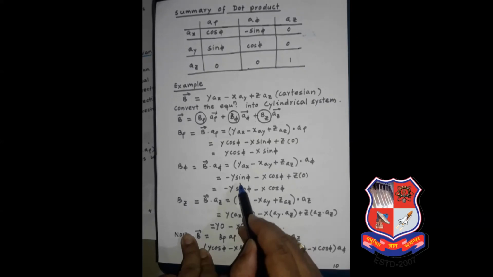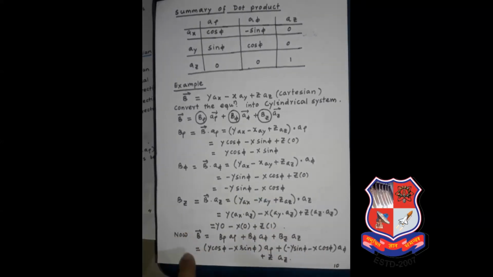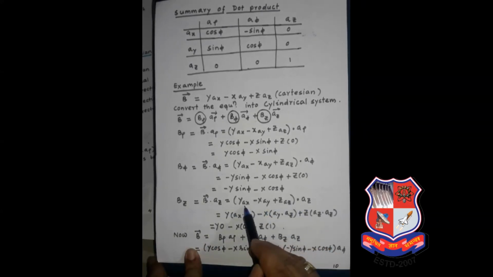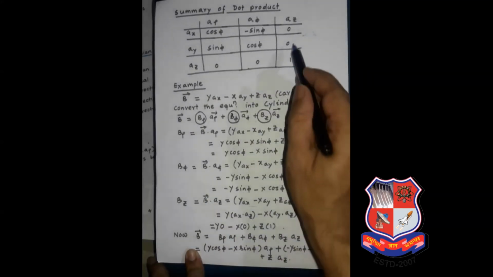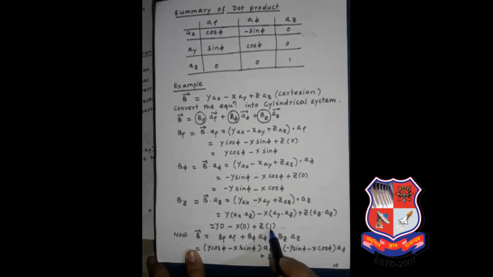So you get minus y sin phi minus x cos phi. Now to find bz, in the same way, b dot az. Expanding, ax dot az is 0, ay dot az is 0, only az dot az is 1. So these two give 0, only z is there.